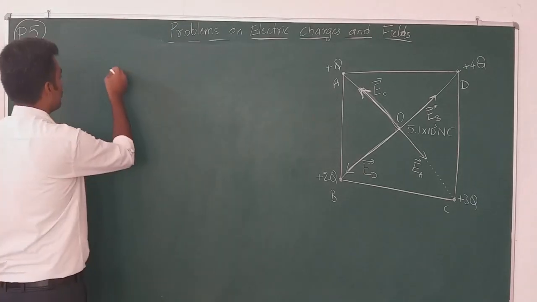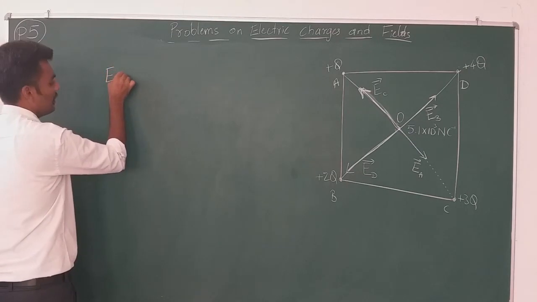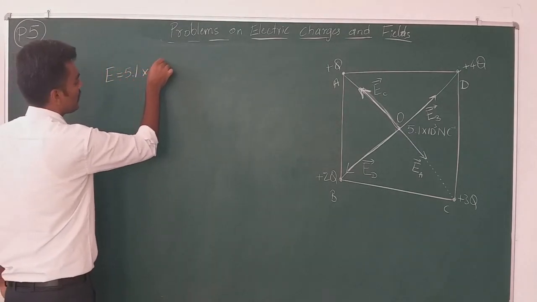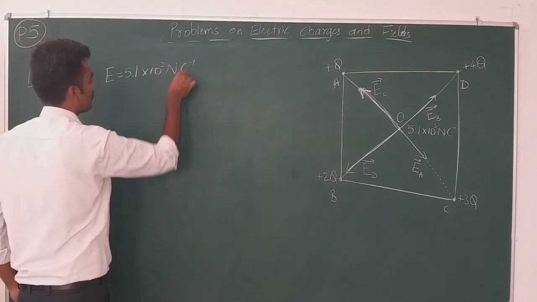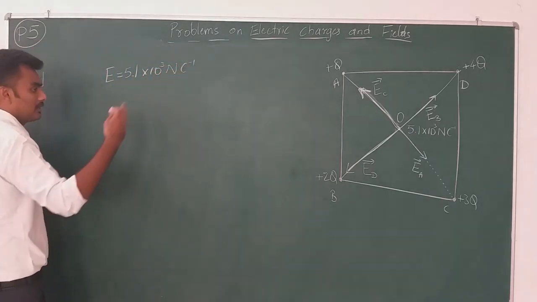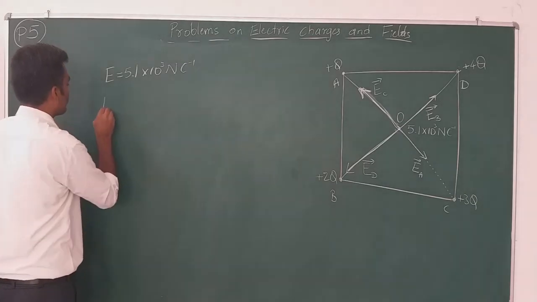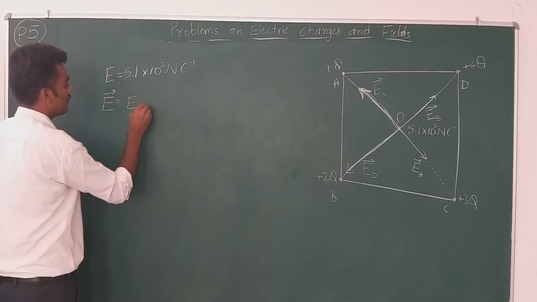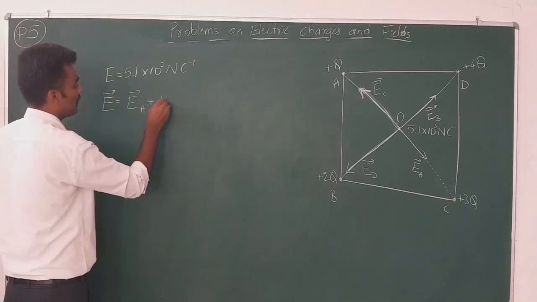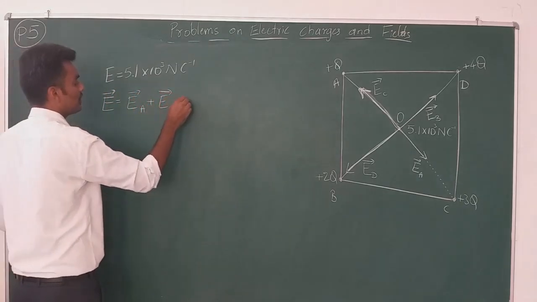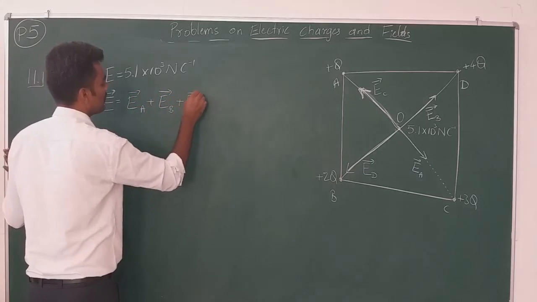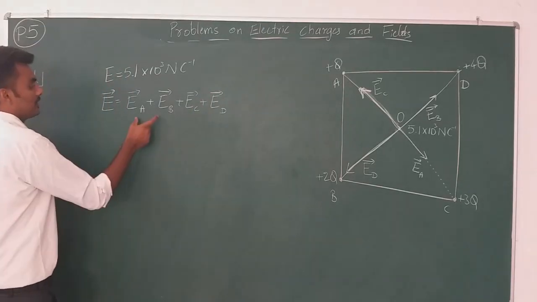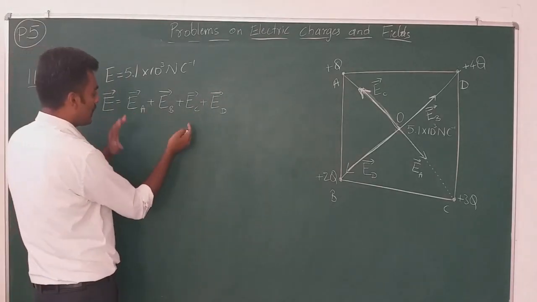Now, the net electric field is given. E is equal to 5.1 into 10 to the power of 3 Newton per Coulomb. Since all of them are vectors, the net electric field E is the vector sum of individual vectors EA plus EB plus EC plus ED. Now, first let me group them.